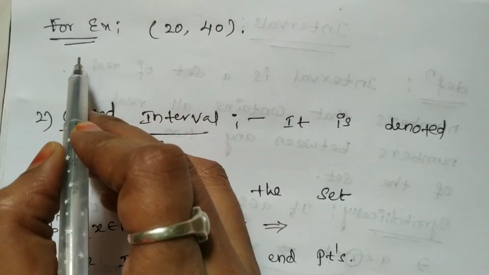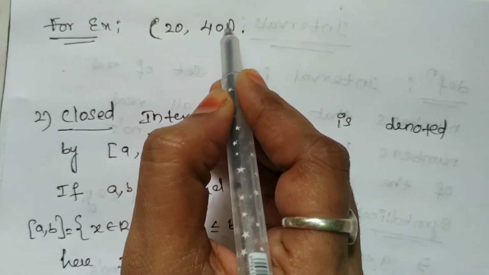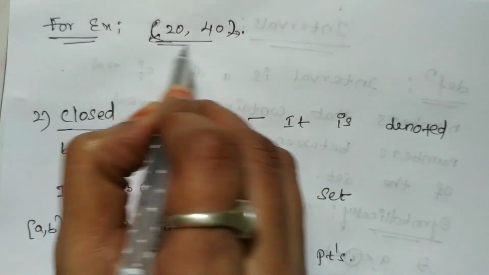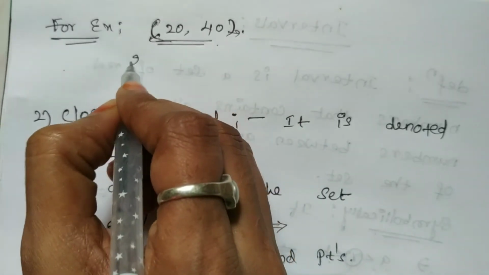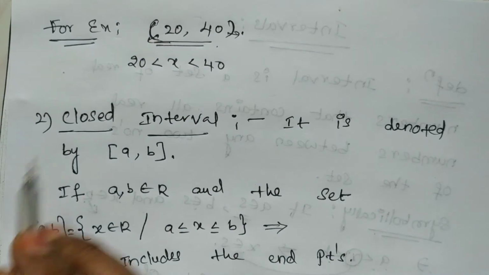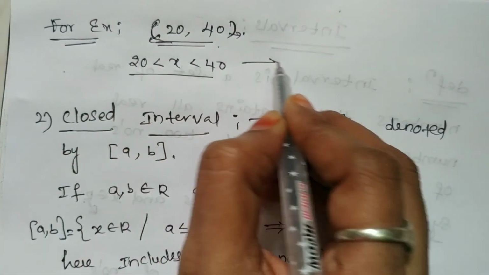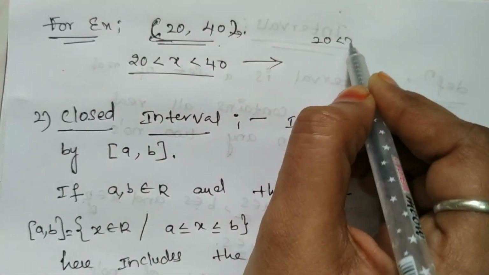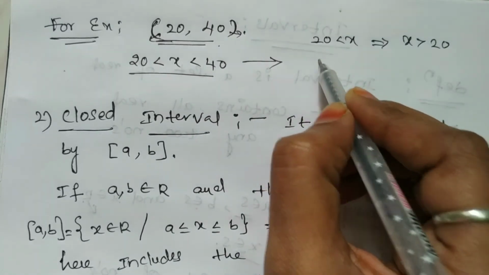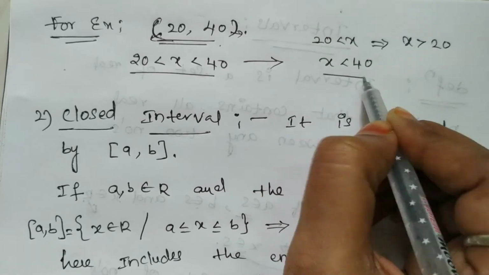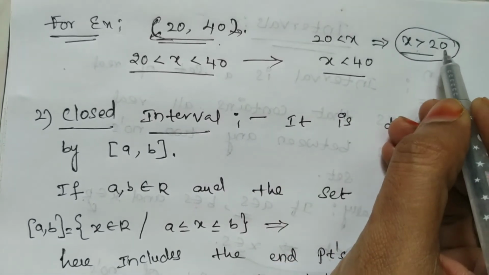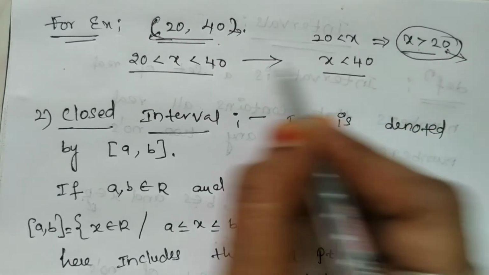So here I am taking one example: (20, 40). This is the notation of an open interval. It can be written as 20 less than X less than 40. Simplify: 20 less than X means X is greater than 20, so 20 is not included.